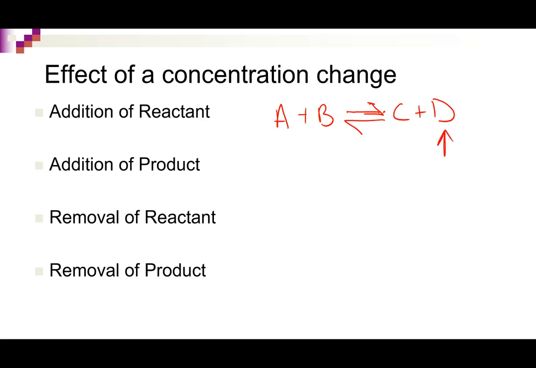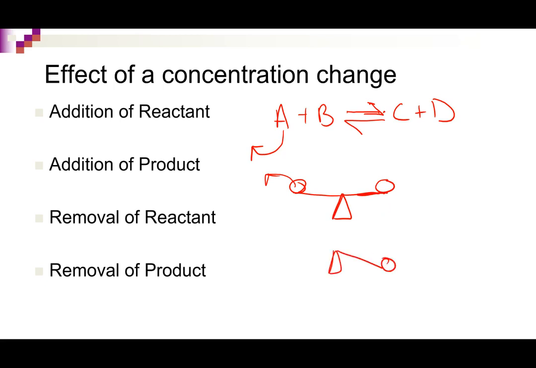We could increase or add the amount of product that we have, and that would apply a stress to the other side. So that's the easiest one to think about. But the other thing we could do is remove some of the reactant. So if you think about this balance, if I remove some of this reactant, what's going to happen to this balance?